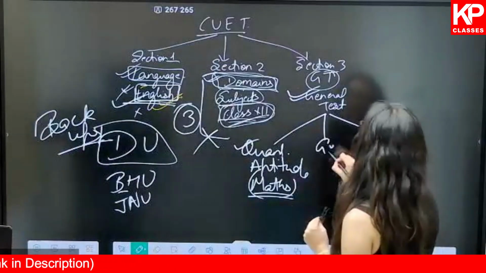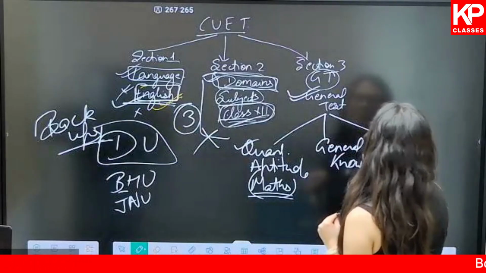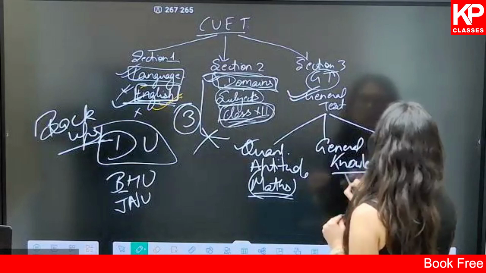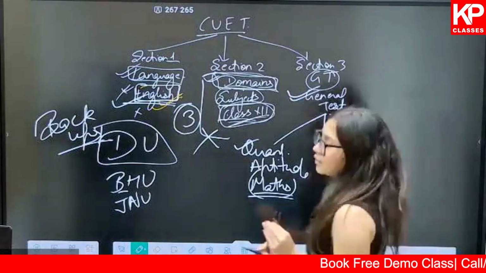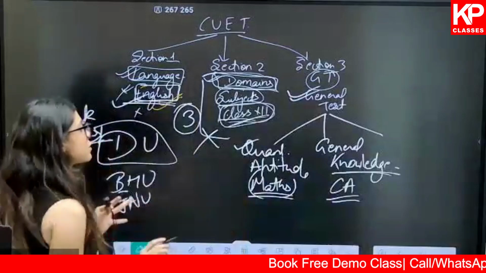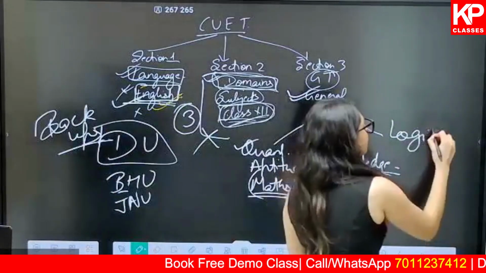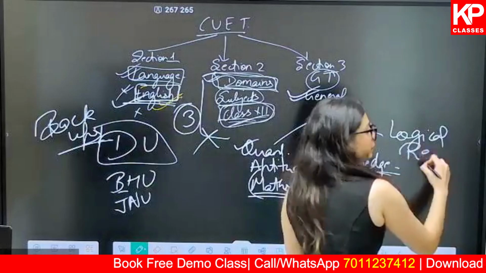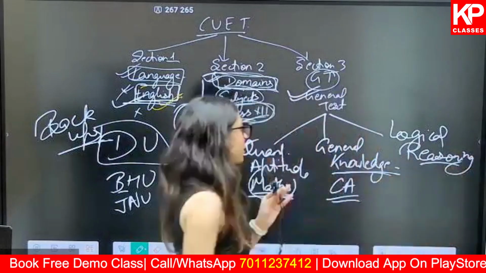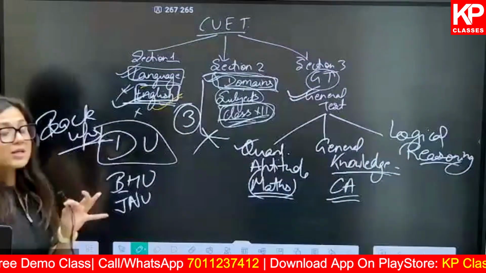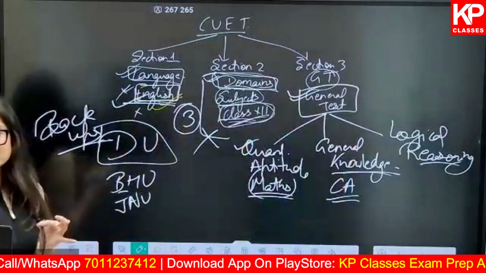Then the second is general knowledge, basic general knowledge, GK and current affairs. This is the second part of the general test, and third is your logical reasoning. Reasoning questions. So these 3 sections comprise your GT, the general test.